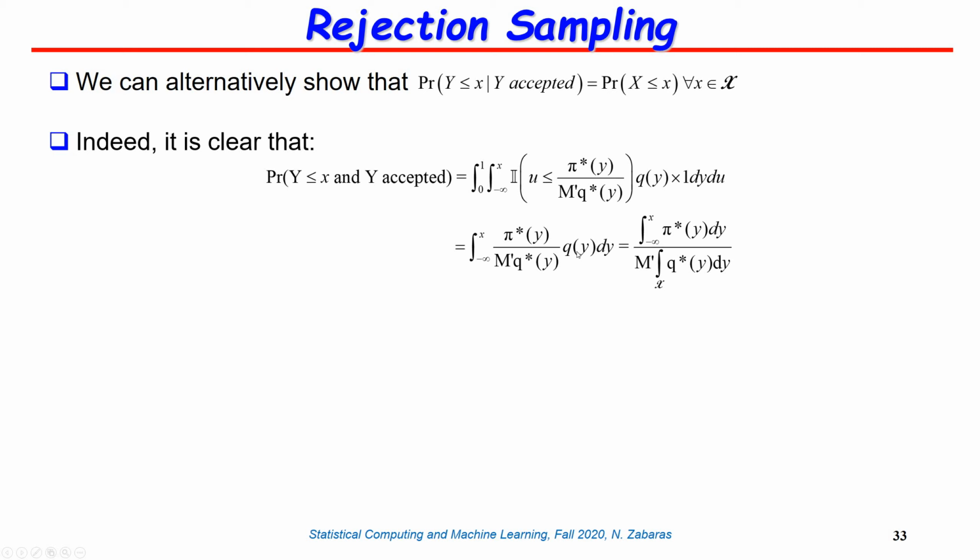And q divided by q star will give you the normalization factor of q. On the numerator, you're going to have the normalization factor of pi.